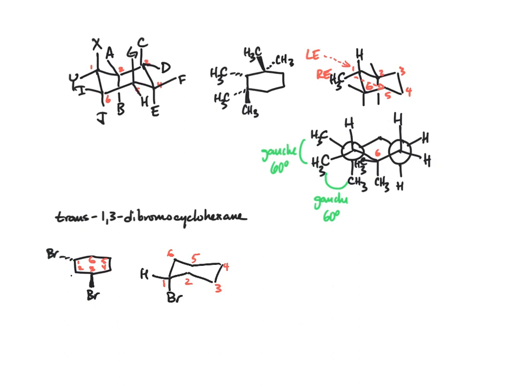If I put that hydrogen in, now you can see the hydrogen's up, the bromine's down. So we're going around the ring 2 to 3, and we know it has to be a trans relationship. So if that bromine's on the bottom face of 1, it has to be on the top face of 3, and the bond should be what? Equatorial.